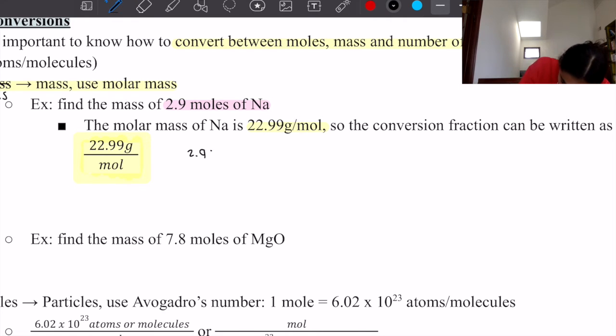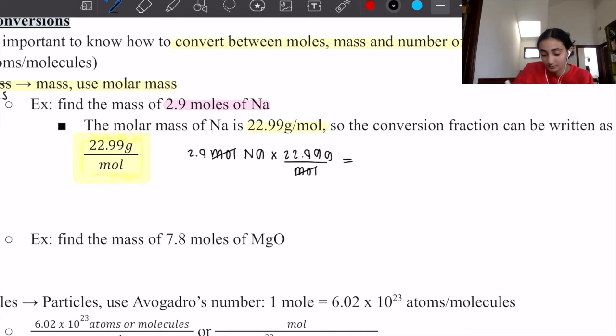So I'm going to write out 2.9 moles of sodium and then times 22.99 grams per mole. So now, as you can see, moles of sodium cancel out. And then we just multiply 2.9 by 22.99, and we get 67 grams sodium.